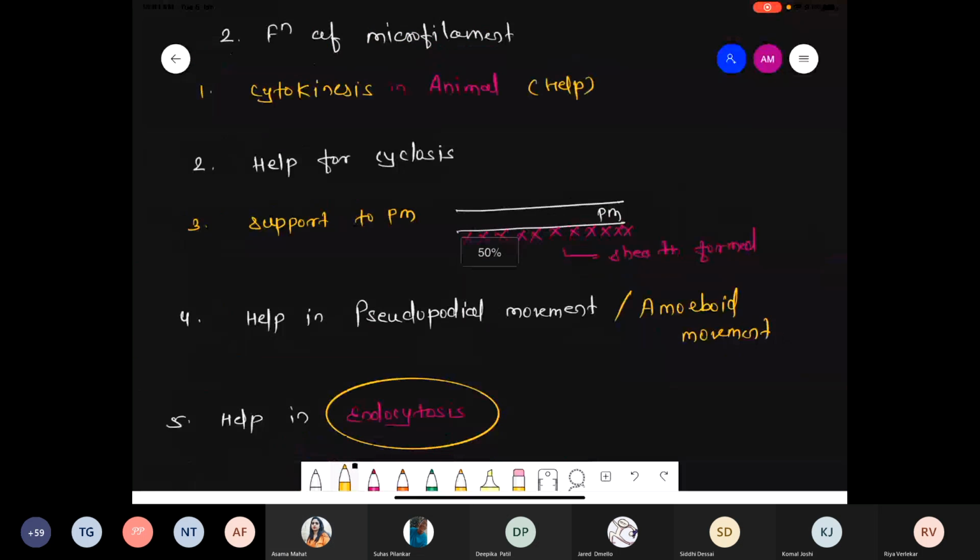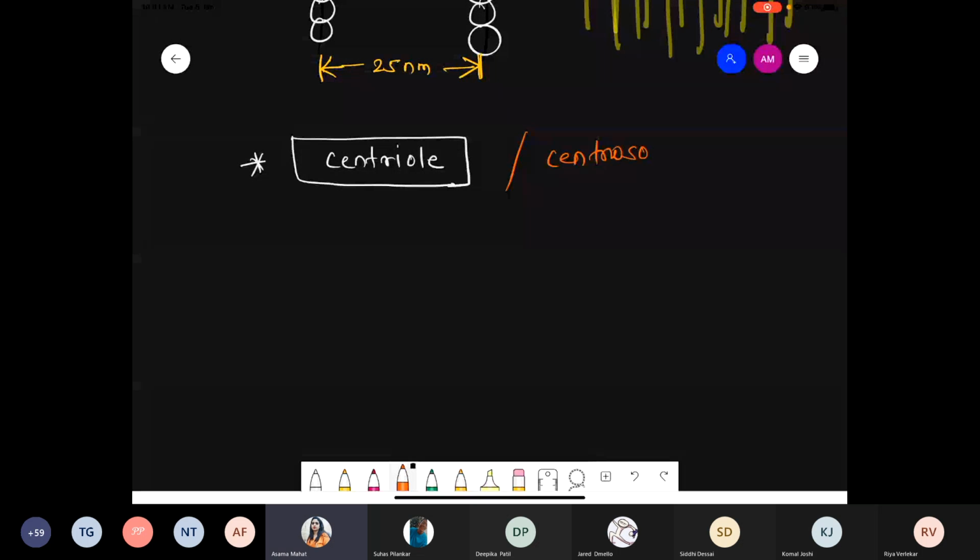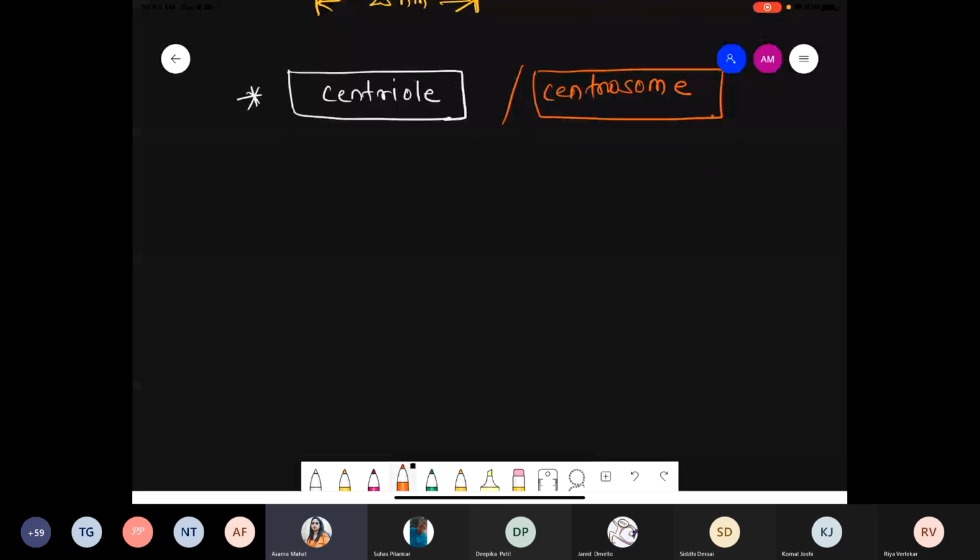So the next part is centriole, or you can say centrosome. Both these are correct. So quickly I'm telling you, first of all, what is the meaning of the centriole, what is the meaning of the centrosome, and where it is exactly present.